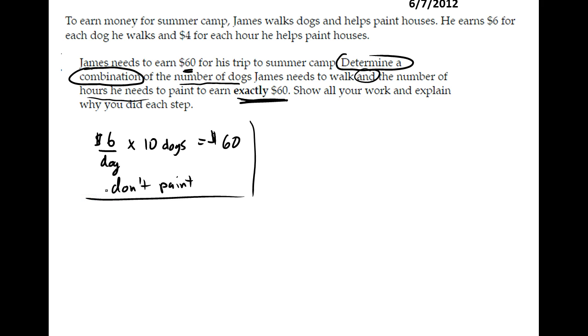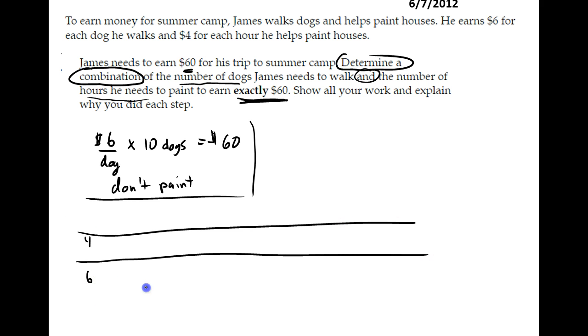But if we want to make a combination of painting and walking dogs, then we just have to guess and check. There is a better way, but let's say just guess and check. If we wanted to know a better way, we have to think of all the multiples of 6 and all the multiples of 4. So we have 4 and we have 6. All the multiples of 4 and all the multiples of 6.